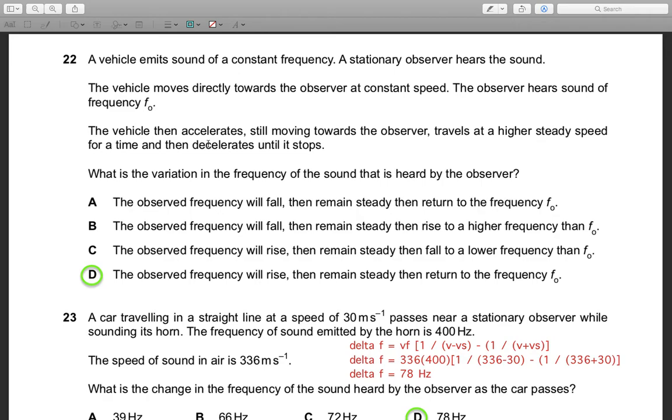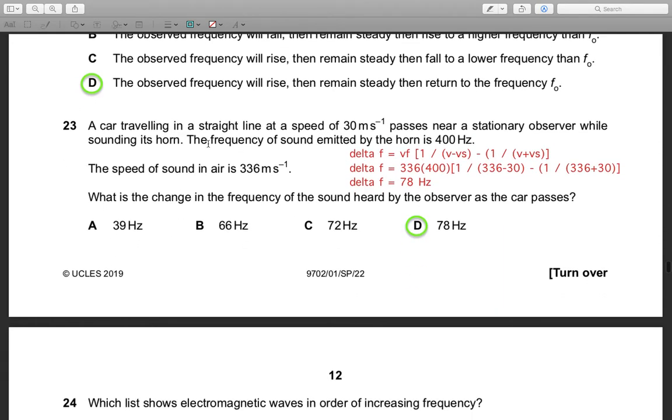Then it returns to frequency f0. Why? Because the vehicle travels at a higher steady speed for a time, then decelerates until it stops. Until it stops, it goes back to frequency f0. So the correct answer is D.